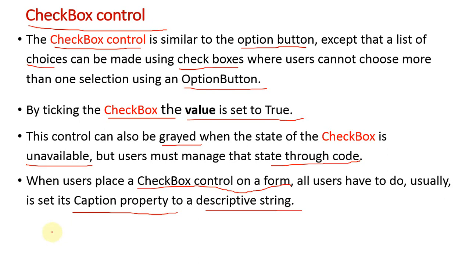So we should not keep those checkboxes or option buttons with default string values like option 1, check 2. The default captions of the controls are like text 1, label 1, command 1, list 1, combo 1. Later the user can change the captions.